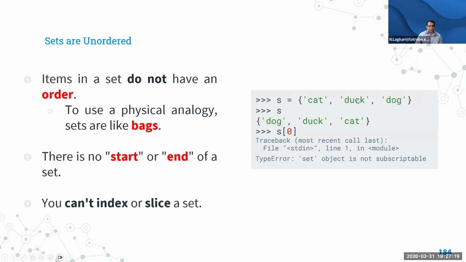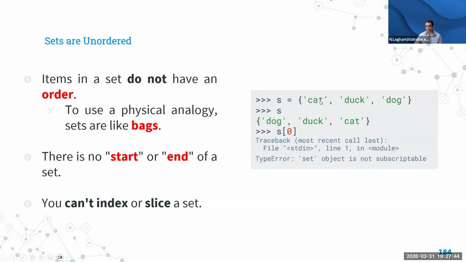And in sets, items would not have any order. So you initialize a set with cat, duck, and dog, and the next moment when you print it, you would see that the set would be printed this way: dog, duck, and cat. There is no sorting, nothing, and you cannot use indices with sets.